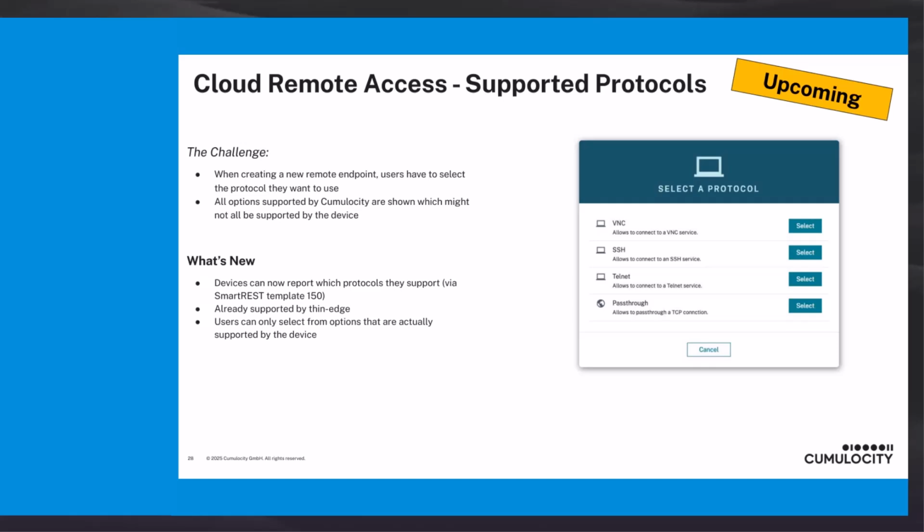That's why we introduced a new SmartREST template that allows the device to report those protocols that it actually supports, so that the user can only select protocols that are actually supported by the device. Per default, if nothing is sent by the device, you will see all options. But if the device reports which protocols it supports, then only the supported ones are visible. This is also provided as part of the thin-edge context.